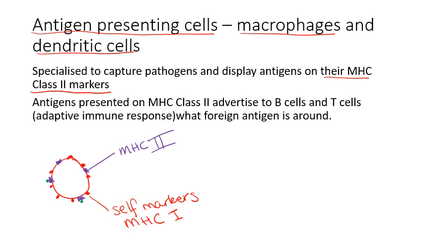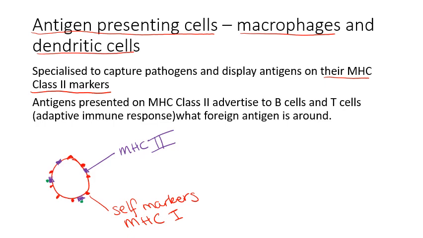So the cells in your third line of defense or your adaptive immune response that have a really specific targeted role, are much more powerful at fighting off pathogens as well. And by taking this message or this non-self antigen to those cells in the third line of defense, it can hopefully trigger your third line of defense to kick into action and help protect your body against this pathogen at a much faster rate.